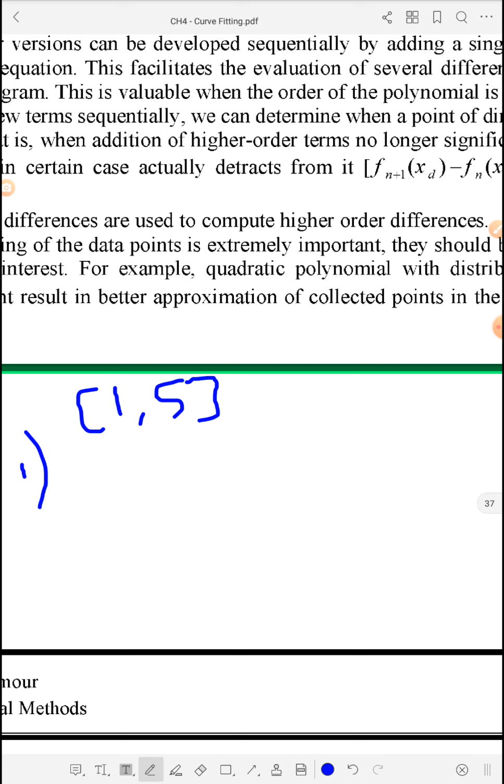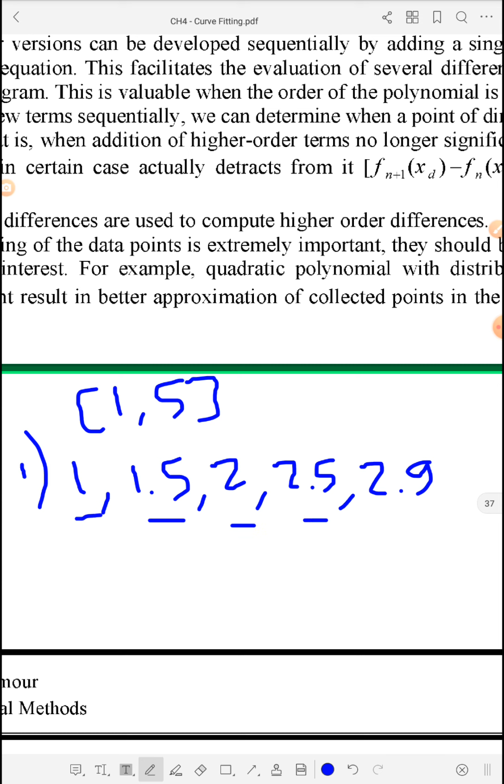The first case is a fourth order polynomial with 5 points. We calculate at the base points 1, 1.5, 2, 2.5, 2.9. These are the base x values, and for each x we calculate the value of the function.